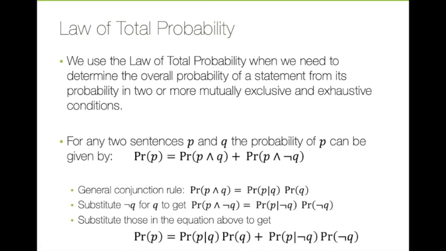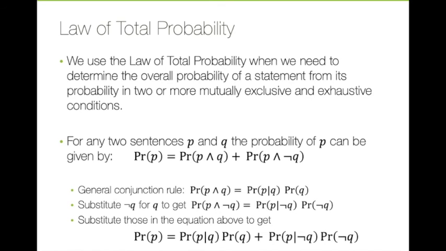Normally, we characterize the law of total probability in terms of mutually exclusive and exhaustive conditions that are a statement Q and its negation. But it could be any two or more sentences that form a partition that are mutually exclusive and exhaustive.